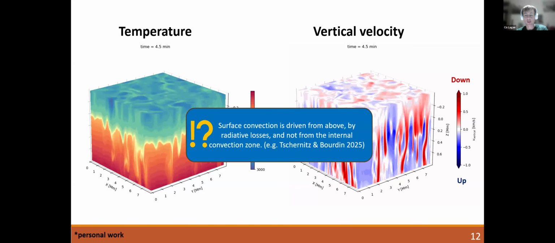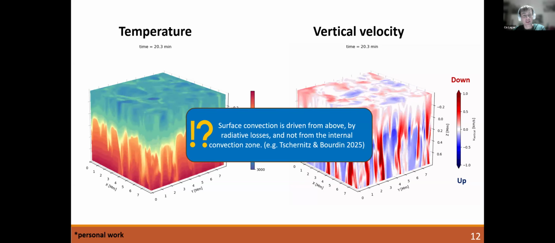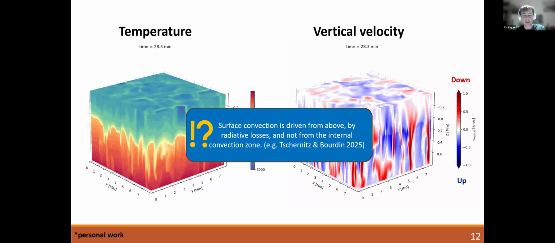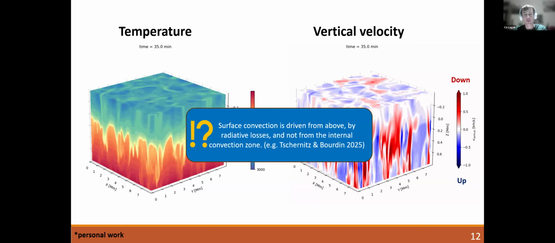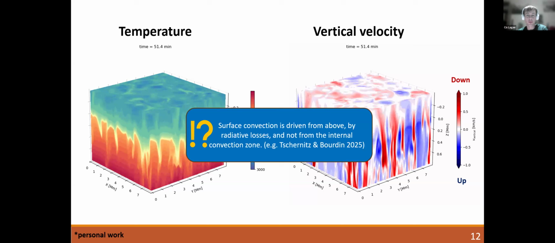Before I go on, here's an interesting fact from a recent development, which is new to me as well. We often think that the surface convection and the granulation pattern comes from below, from the deep convection zone.